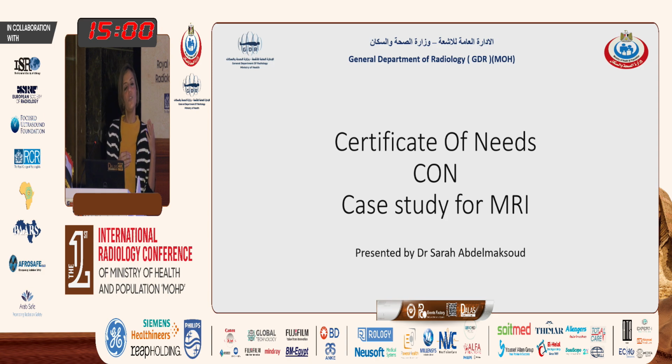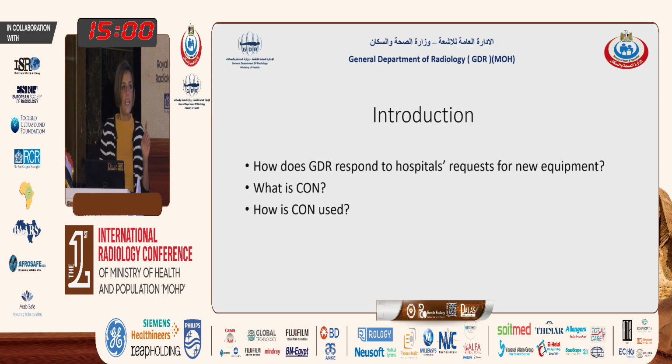We have to be able to justify the needs of the hospital and to see in an objective and non-subjective manner whether this hospital deserves or is eligible to receive this requested equipment or not. And so to be able to approve or deny this request, we needed to have a documented methodology that would support the decision of the GDR.